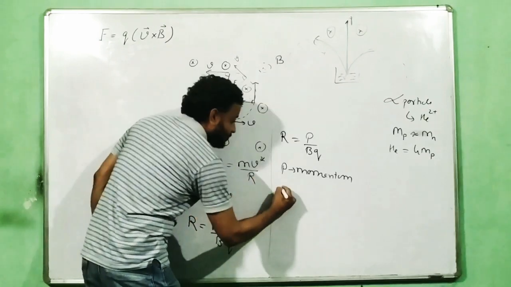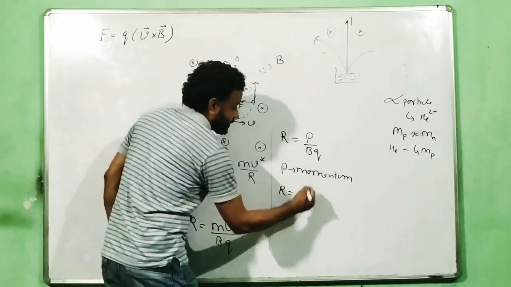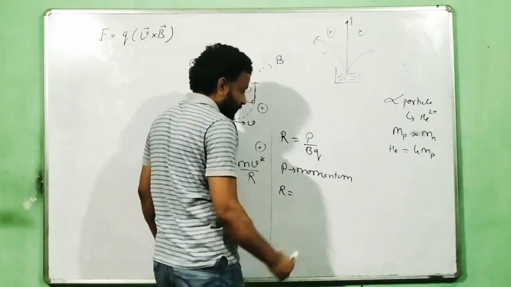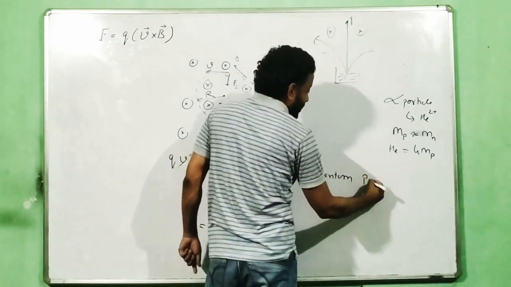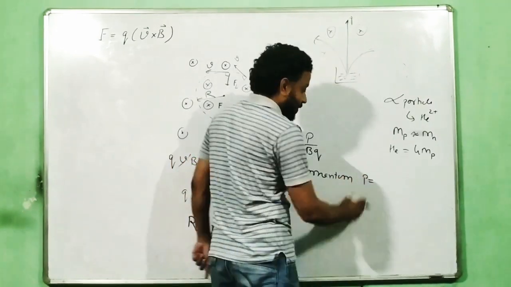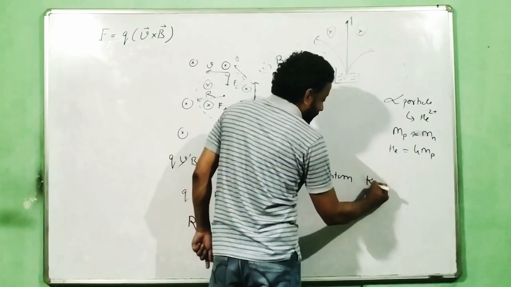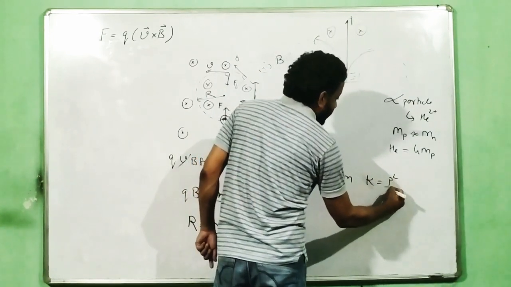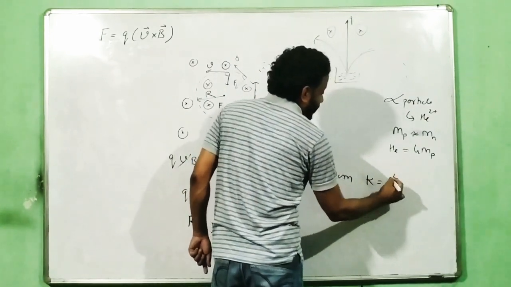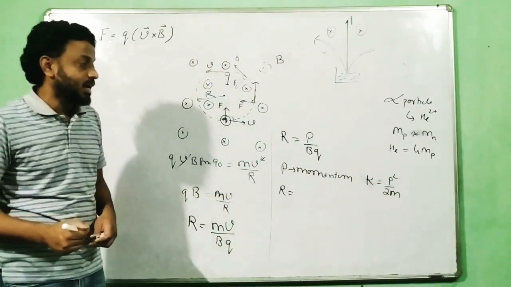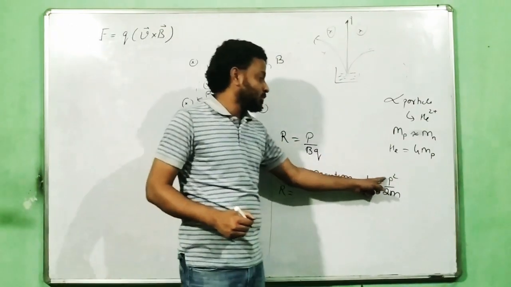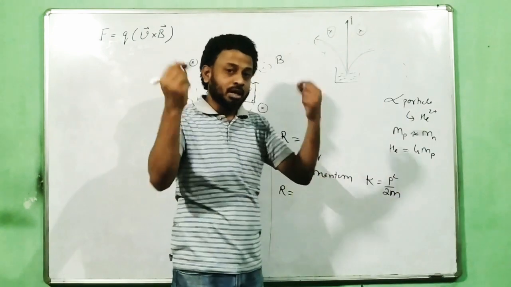And I can now further write this. If you remember, momentum has a very interesting formula: kinetic energy is equal to P square by 2m. This was the formula which we used to derive in class 10. Kinetic energy equals momentum square by 2m. You derive this from half mv square.